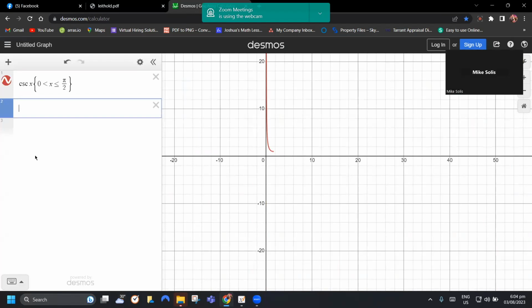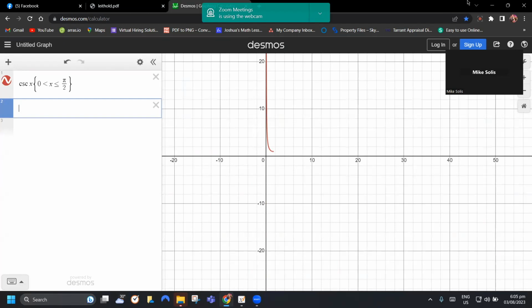Okay, tapos yung isa naman, yung continuation ng graph, cosecant of x, from pi to 3 pi over 2 naman. Kasi kailangan natin yung other half ng function.